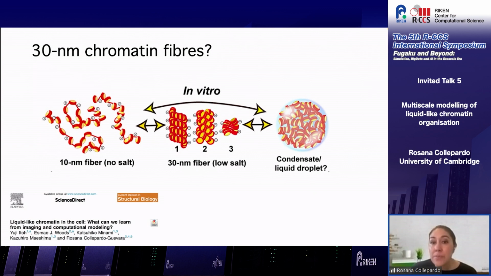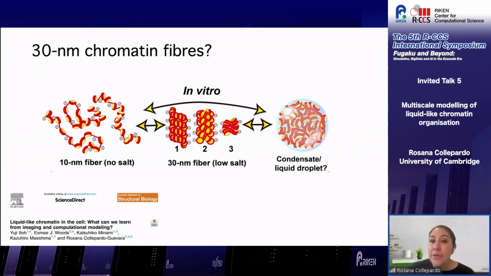And something that I want to mention is that for many, many years, experiments on chromatin were performed in vitro and in these small polymers. And these experiments suggested that chromatin would fall into a very well-ordered structure, a 30 nanometer wide fiber, more or less.